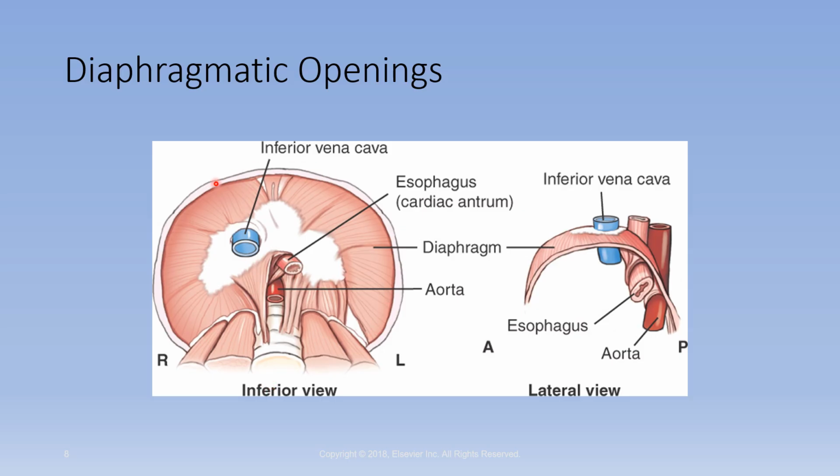This umbrella-shaped muscle is the diaphragm, so you're looking at it from underneath. And then from the side, you can see these same three things. You've got the inferior vena cava passing through, the esophagus passing through, and the aorta passes through the diaphragm. Those pictures are on page 465, figure 12.19.